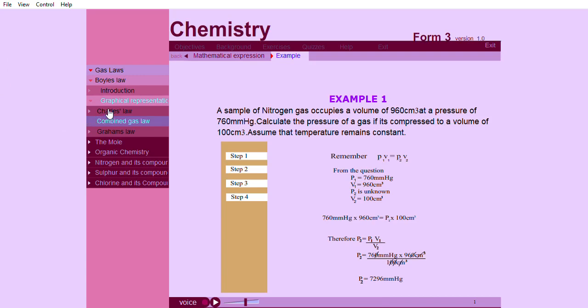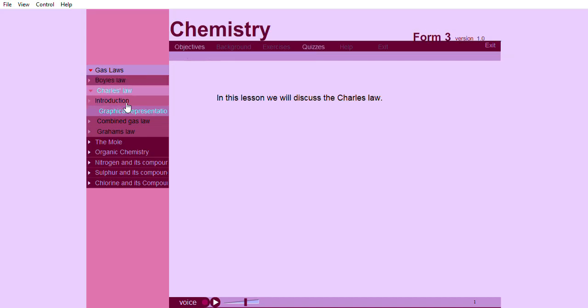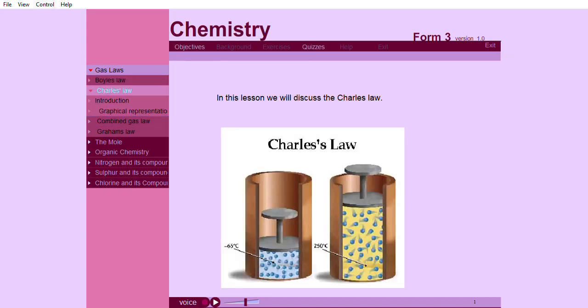Pressure 2 is equal to 760 millimeters of mercury multiplied by 960 cubic centimeters divided by 100 cubic centimeters. Pressure 2 is equal to 7,296 millimeters of mercury. In this lesson, we will discuss Charles's law.